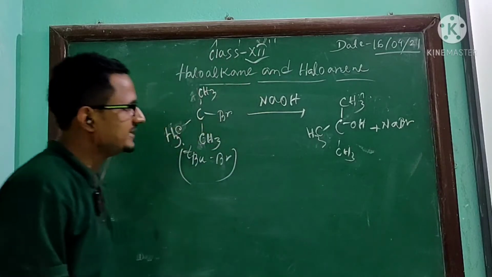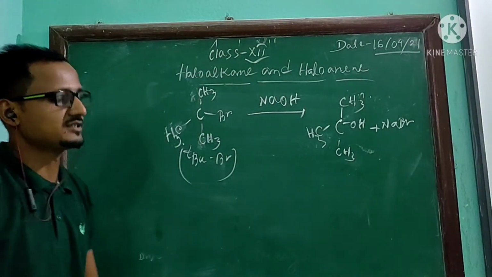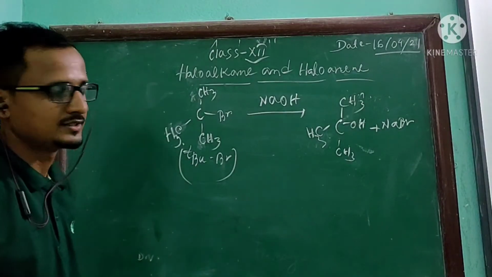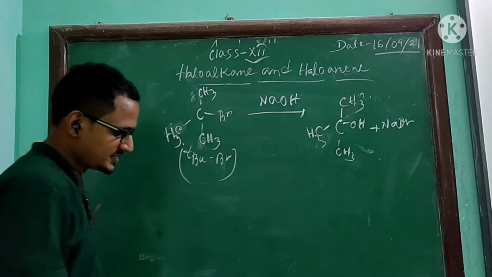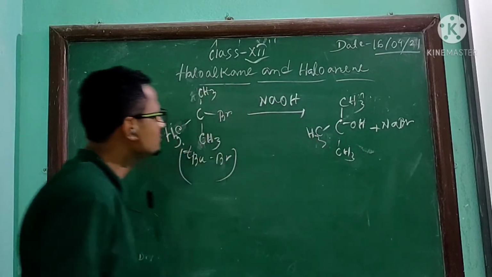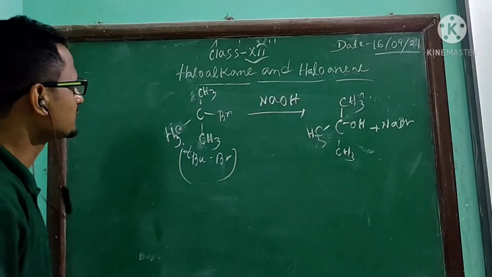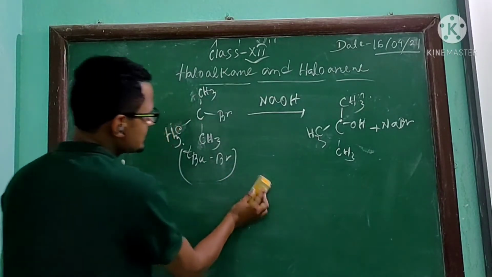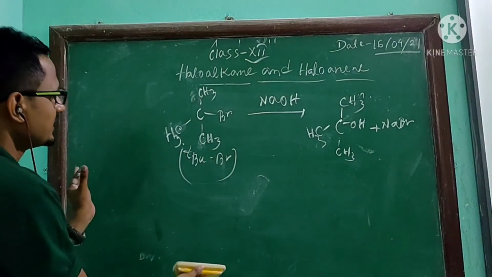Now the main concern here is the mechanism, that means how this reaction proceeds. This is normally a 2-step reaction. I'm just erasing this because I want to write the mechanism here.